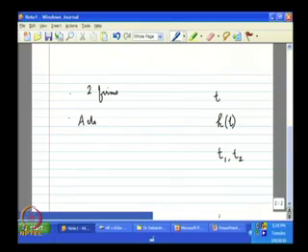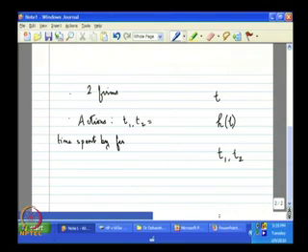Actions: t1, t2, they are the time spent by firms 1 and 2 respectively in developing the product.